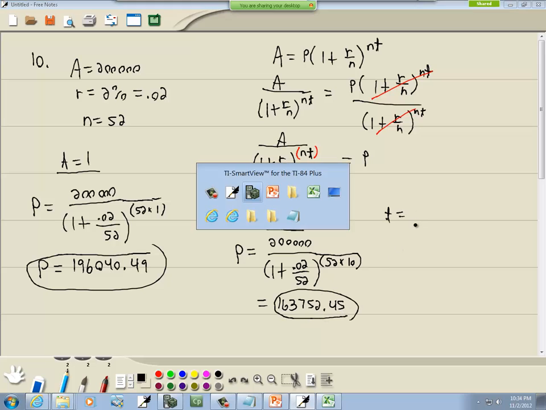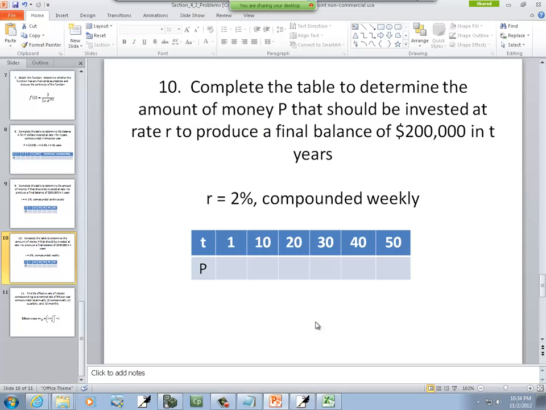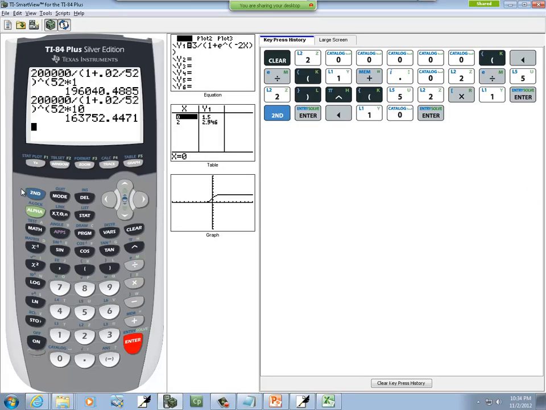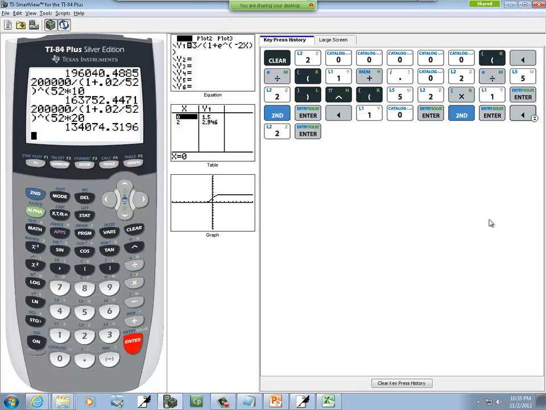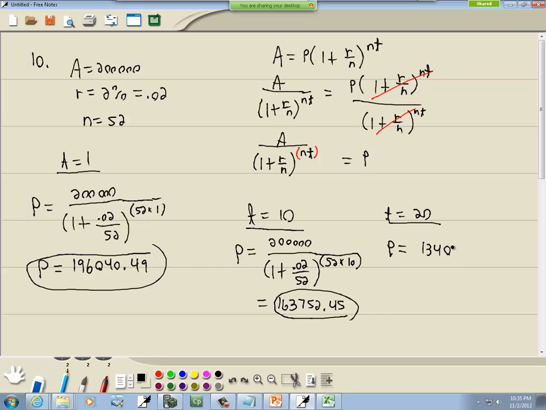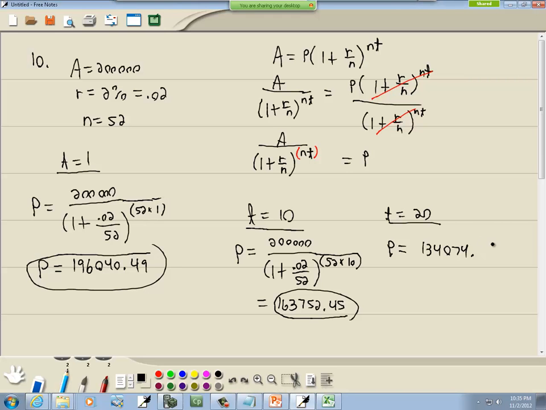Our next one is 20, and then we go up to 50, I guess. So again, very easy to do on your calculator. I just do a second enter to bring up the previous entry. Left arrow over and change that to 20. And this is 134,074.32.